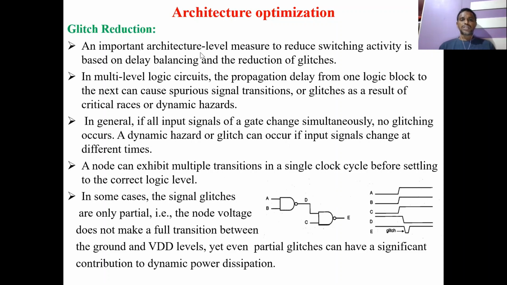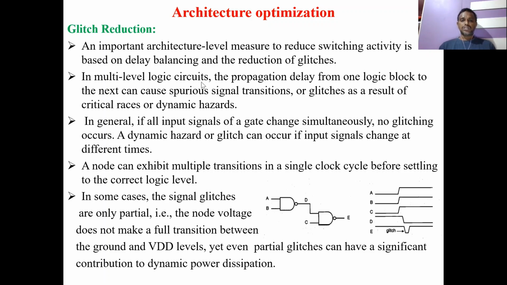An important architectural level measure to reduce the switching activity is based on delay balancing and the reduction of glitches. Then what is a glitch?